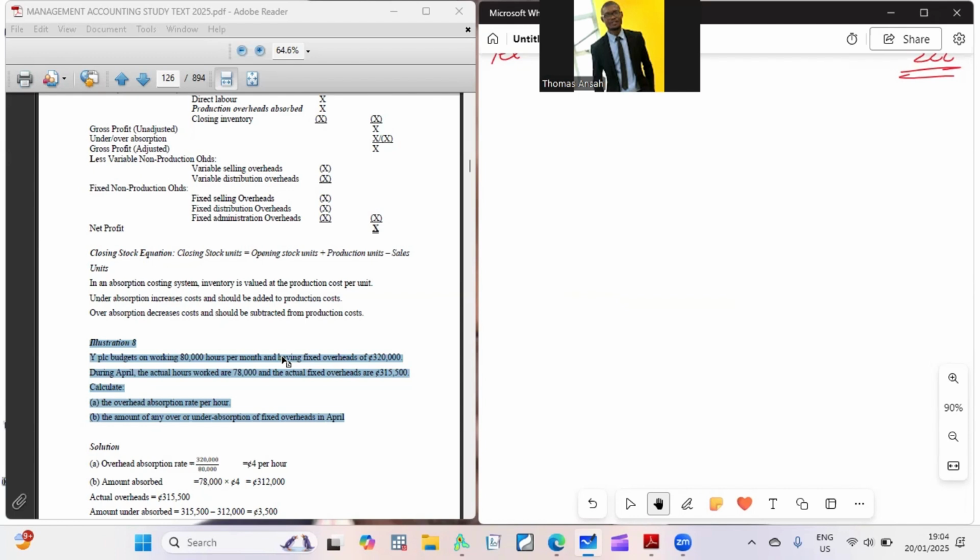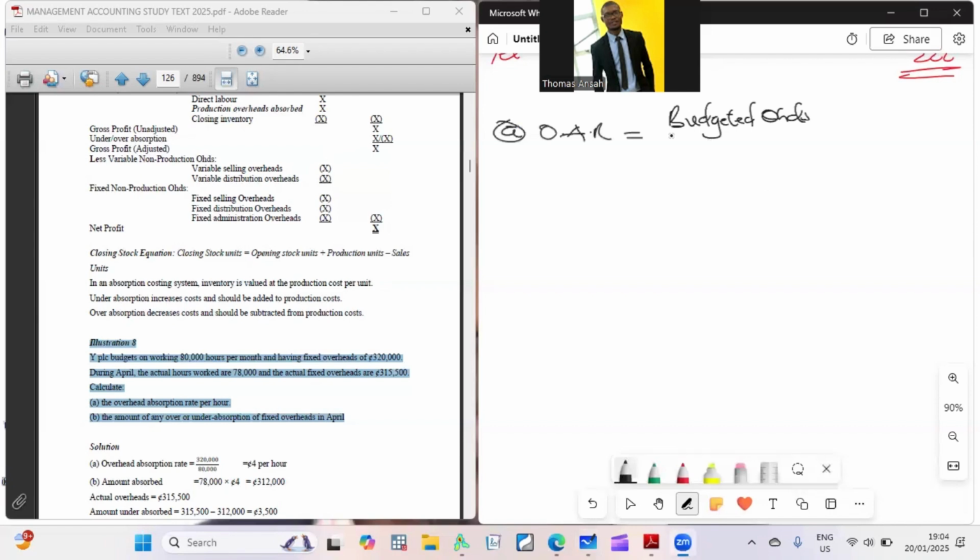Now, for A, we should do the overhead absorption rate. The formula for overhead absorption rate is what? Budgeted overheads divided by what? Do you remember the denominator, Mohammed?